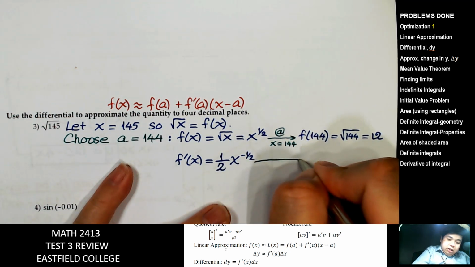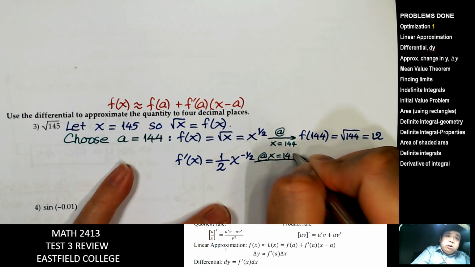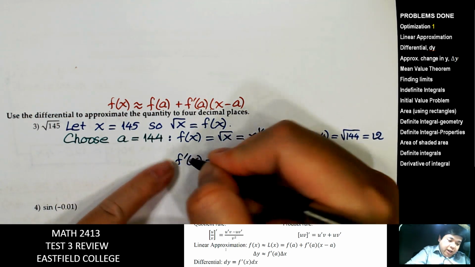And we evaluate at x equal to 144. So we find the values of the function and the derivative at that point.